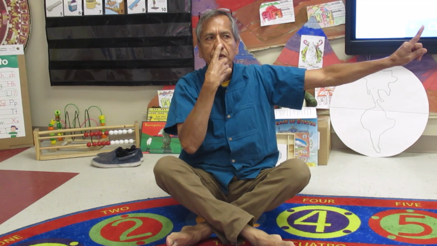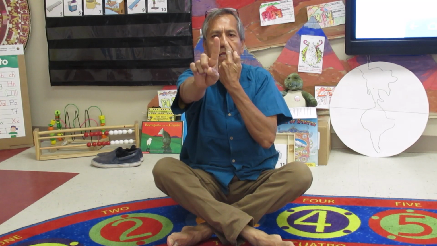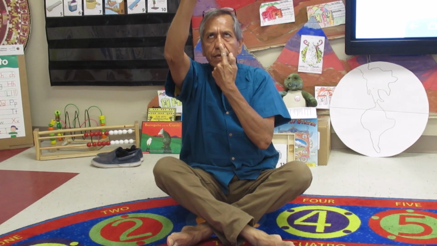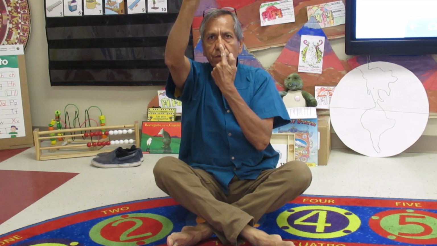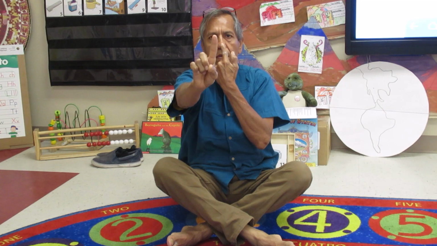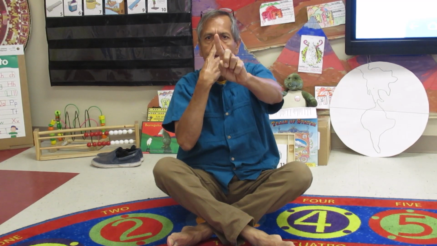Don't move your head, just follow with your eyes, and then you move back slowly, and then you switch, and then you go up. Don't move your head till your finger disappears. Bring it down, switch. Up, don't move your head, disappears. Bring it down, switch.